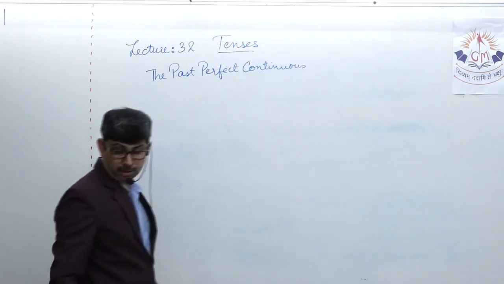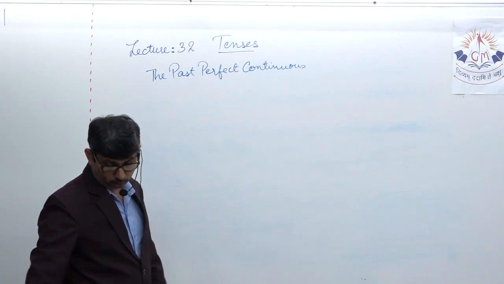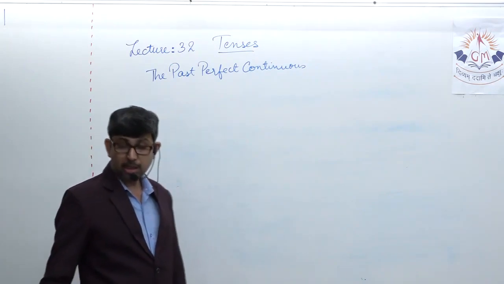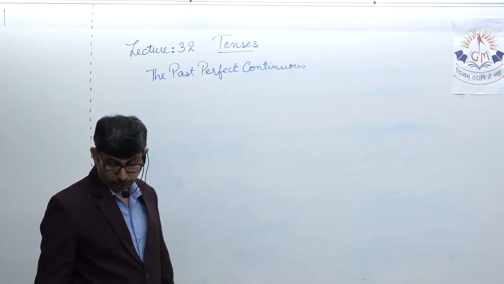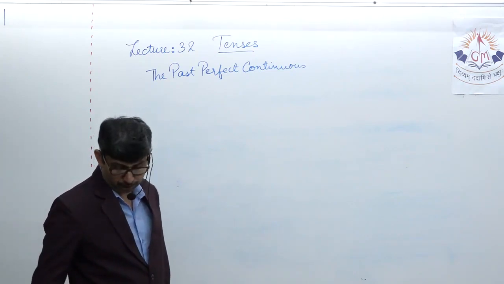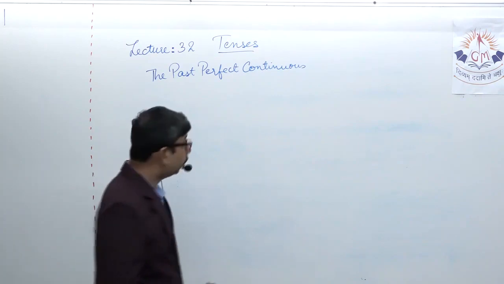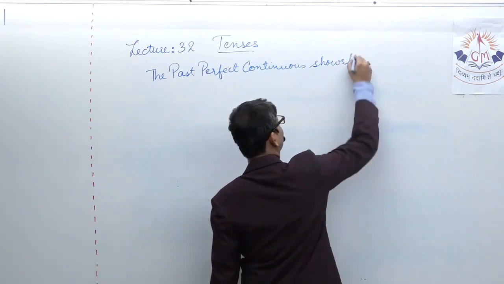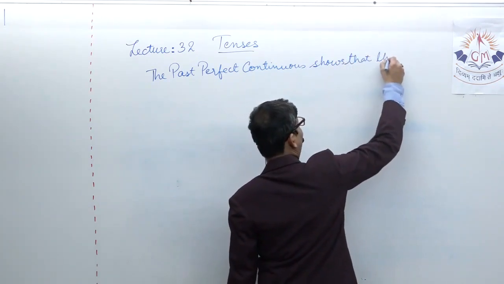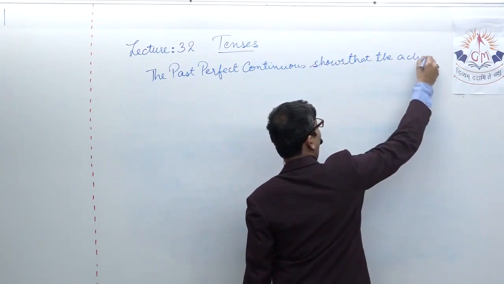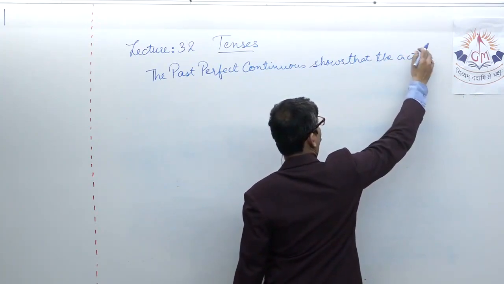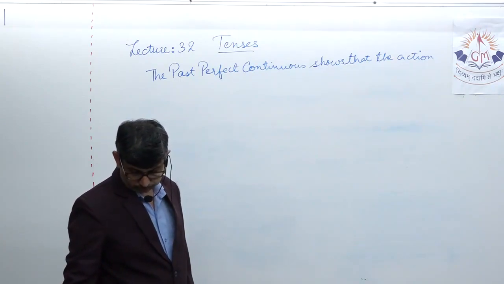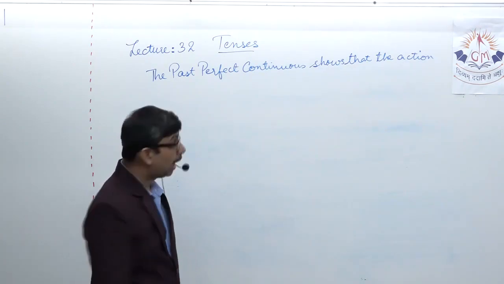So the past perfect continuous expresses that the action had begun prior to the past time, before the past time being referred to, even before that it started. Shows that the action had begun.